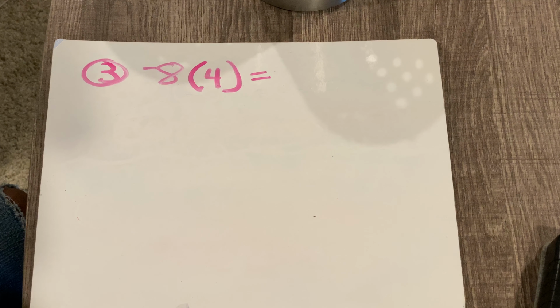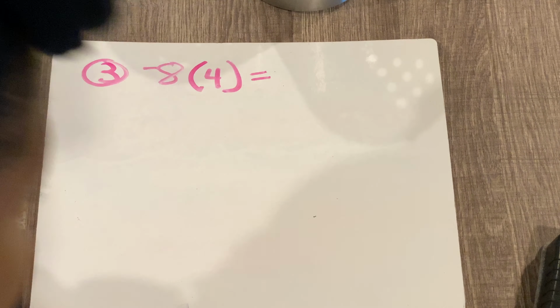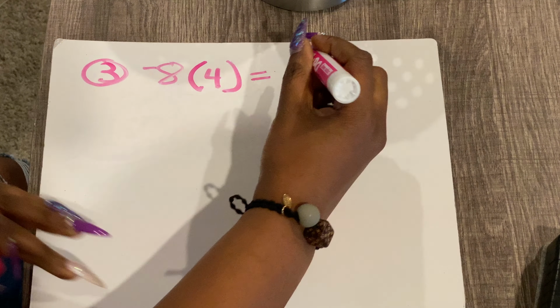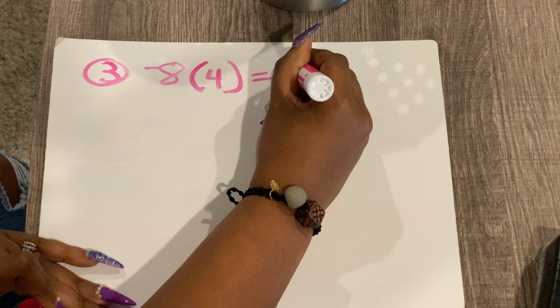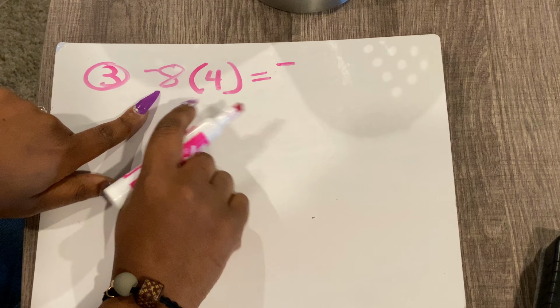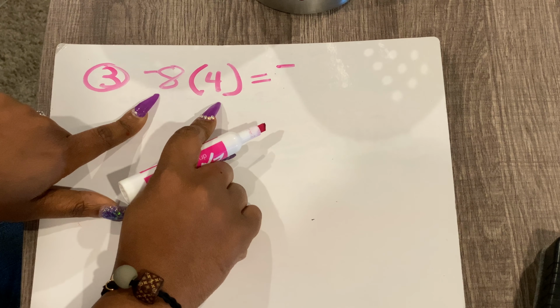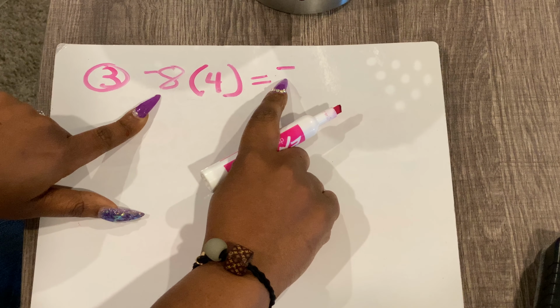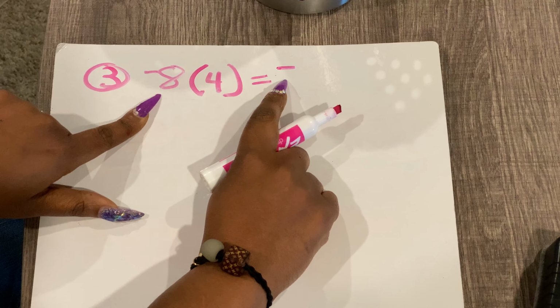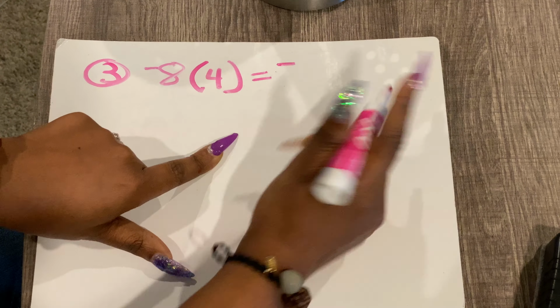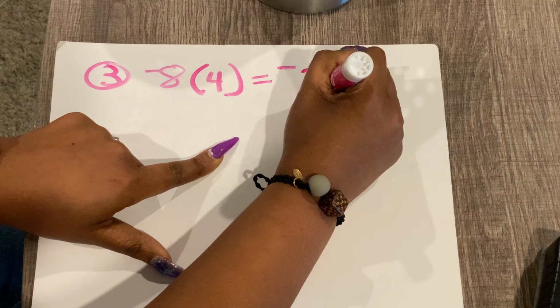If you said negative, then you are correct, because we have a different sign. This is a negative and this is a positive, which means my answer has to be negative. Okay, so negative 8 times 4 is negative 32.